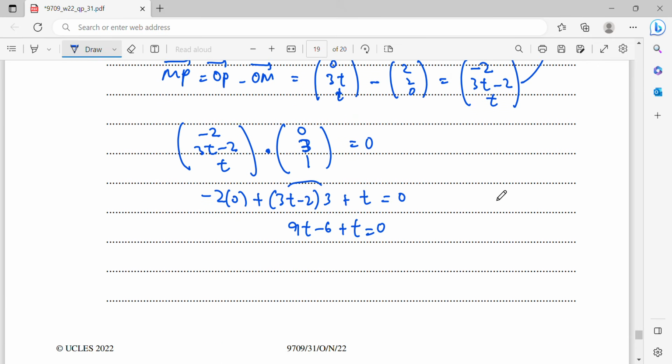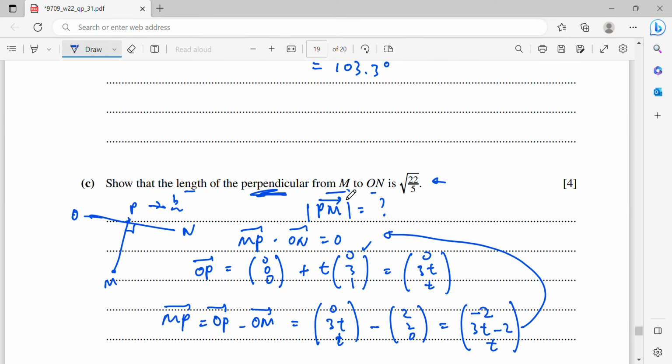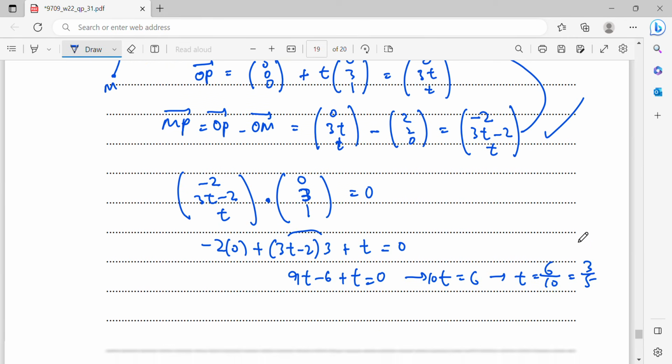Therefore, my t is, okay, I get 10t is 6. Therefore, my t is 6 over 10, which is 3 over 5. Okay, now I need to get my length of PM. Okay, so I can find the vector MP first.